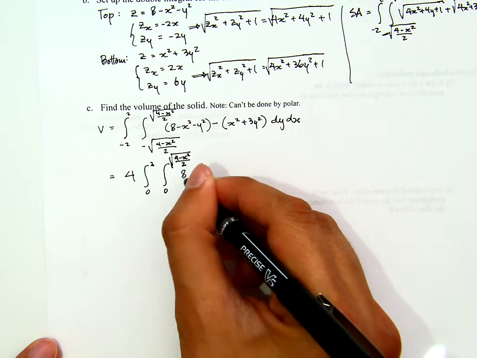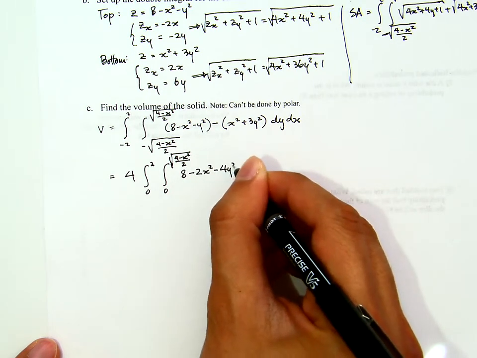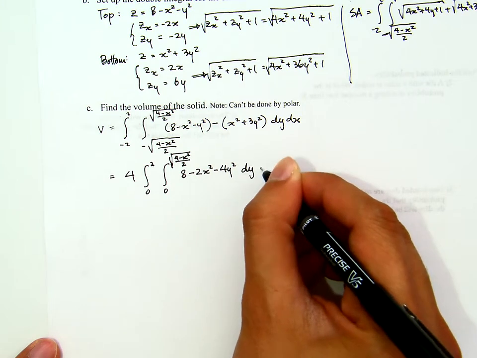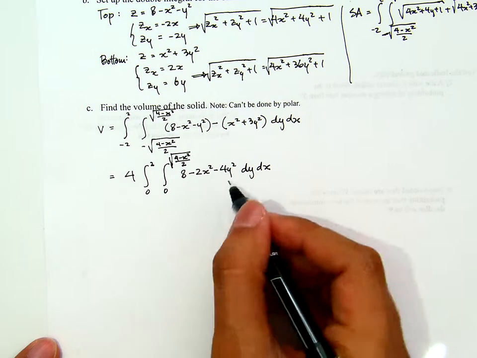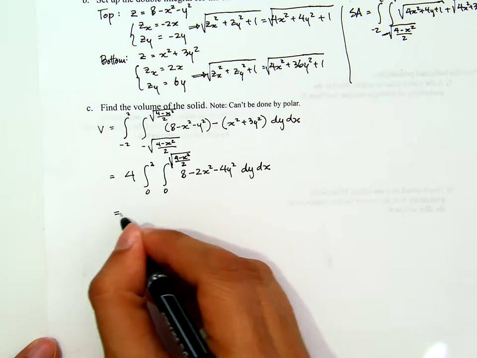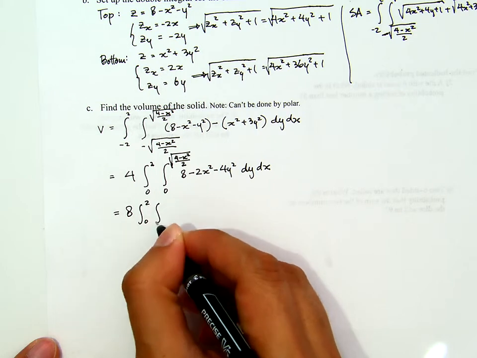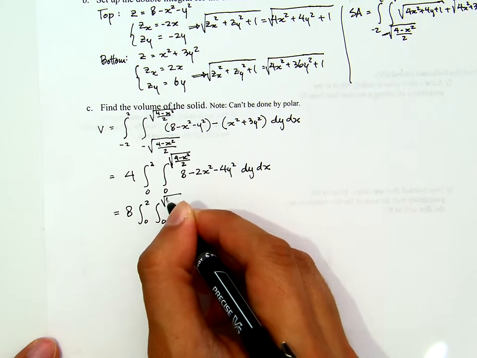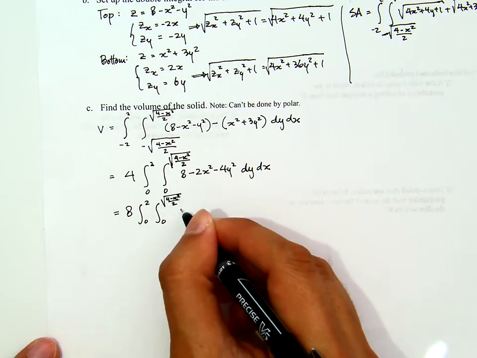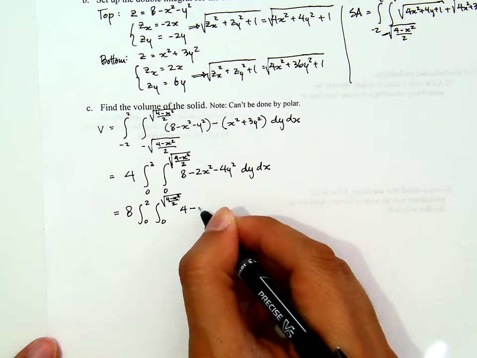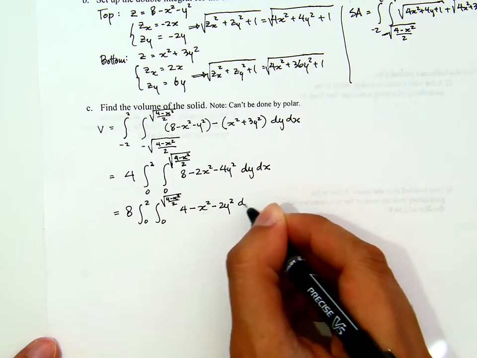This will be 8 minus 2x squared minus 4y squared dy dx. Notice that I can factor another 2 out. Let me do it now: 8 integral from 0 to 2, integral from 0 to square root of (4 minus x squared) over 2, and then here I have 4 minus x squared minus 2y squared dy dx.